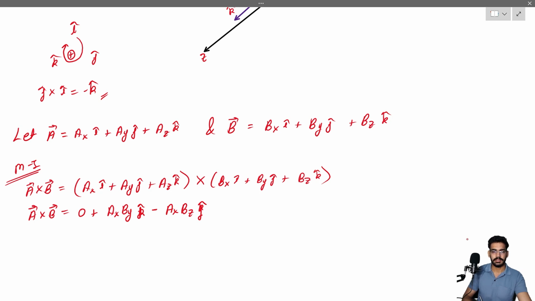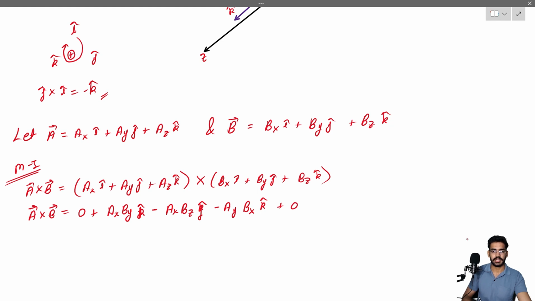Then second, j cross i, that is minus k cap, so minus ay bx k cap. Then j cross j is 0, so plus 0.